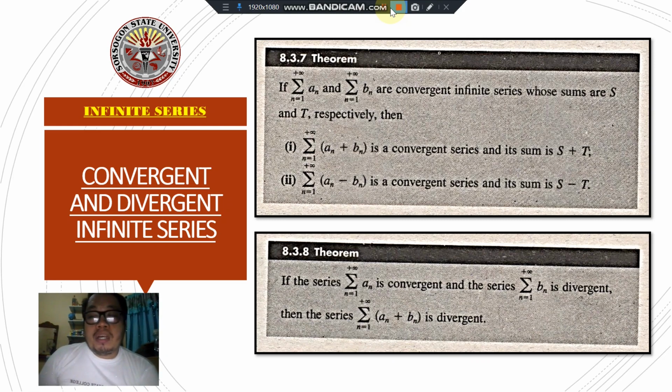We have here the first theorem, which states that if the summation of a sub n, where n equals 1 to positive infinity, and the summation of b sub n, where n equals 1 to positive infinity, are convergent infinite series whose sums are s and t respectively, then for number 1, the summation of a sub n plus b sub n, where n equals 1 to positive infinity, is a convergent series, and its sum is s plus t.